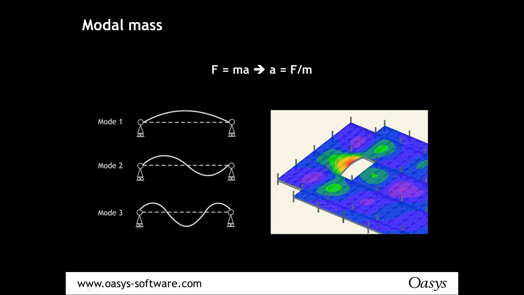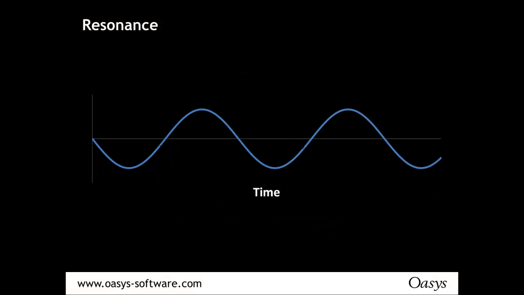So, resonance. Now, resonance is when vibrations build up over time. Take this example. You've got a floor, it vibrates with a particular frequency, and if somebody is walking in time with that frequency, then every time their foot hits the surface, it accelerates the floor more and more, and gradually the vibrations build up and up and up.